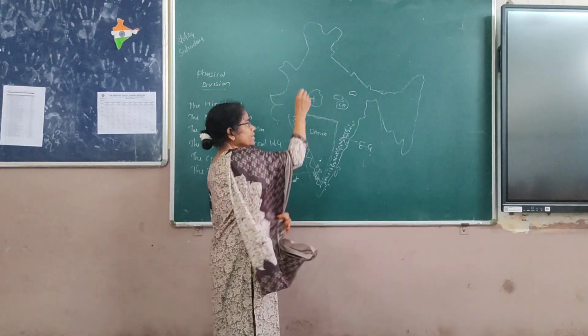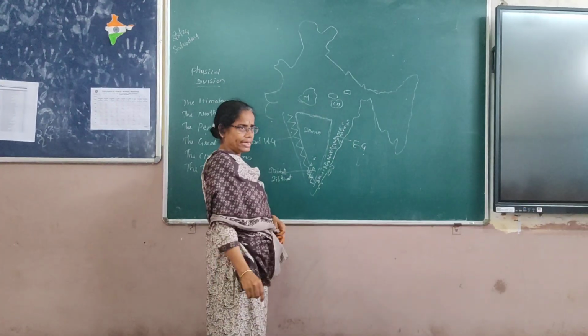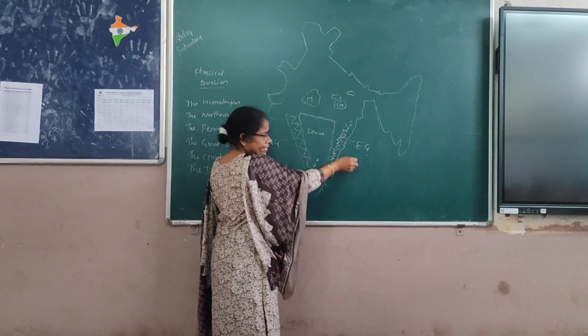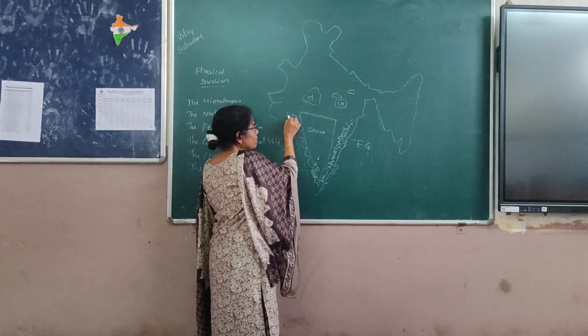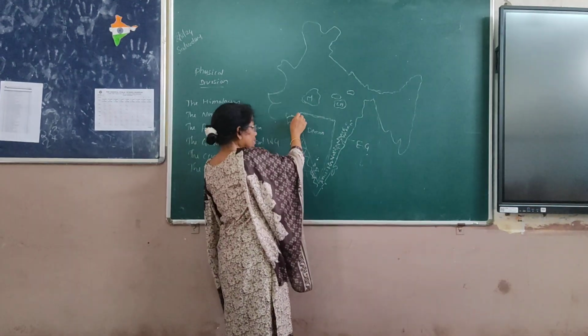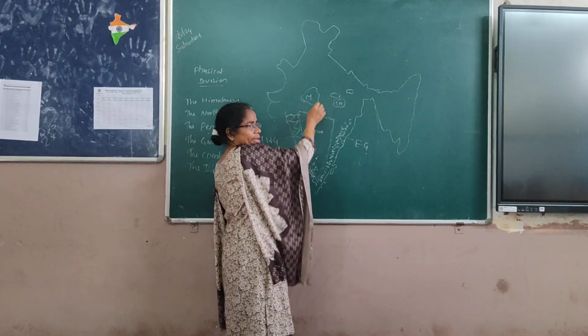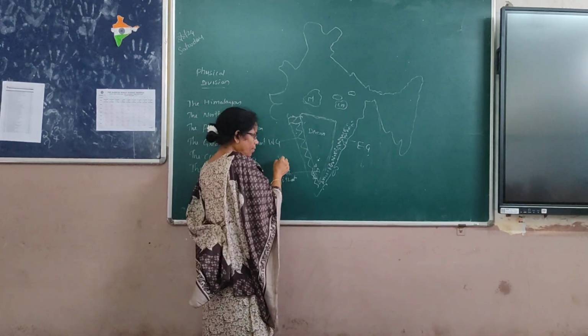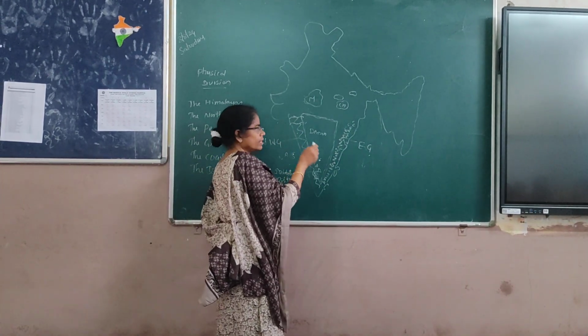Most rivers rise in the Himalayan glaciers and flow from west to east, draining into the Bay of Bengal, except the Narmada and Tapti. These rise in the peninsular region and flow west, draining into the Arabian Sea.